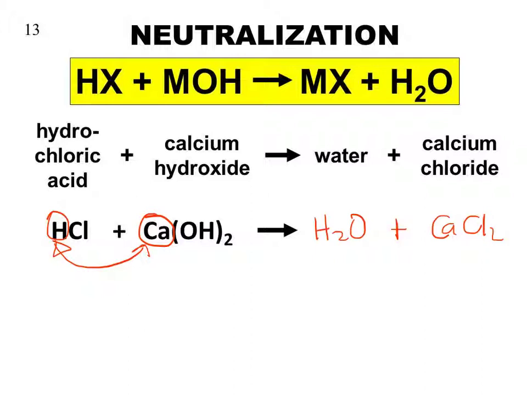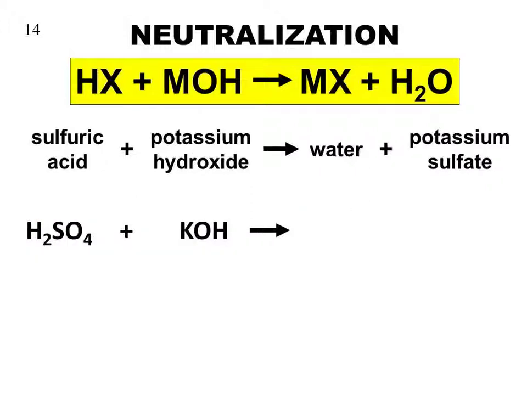Now, we need to go ahead and balance this reaction. You should end up with 2 hydrochloric acid reacting with 1 calcium hydroxide, and you form 2 waters and 1 calcium chloride.